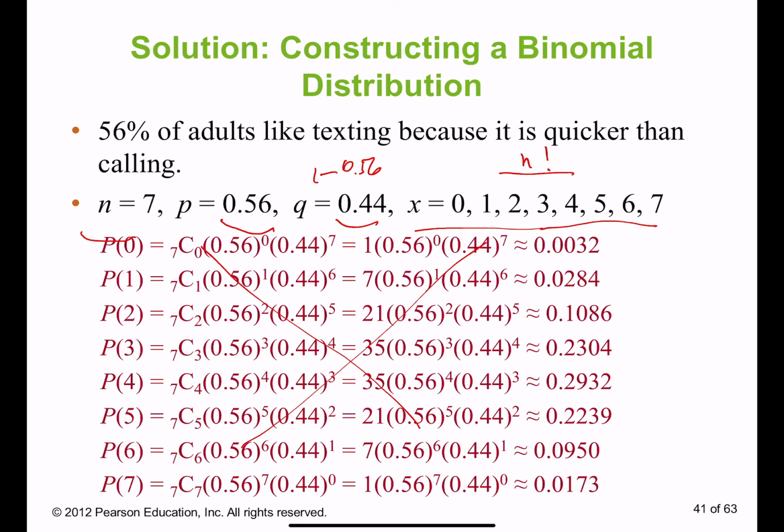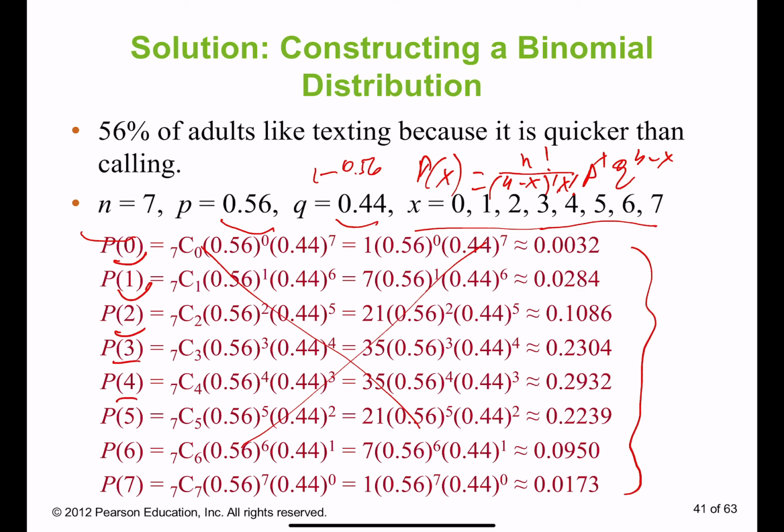If you search for it, you will find it. And you will get this result if you plug in x as 0, 1, 2, 3, 4, 5, 6, 7, and so forth. Okay?